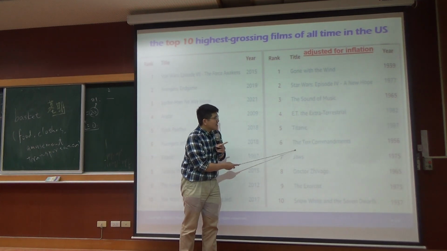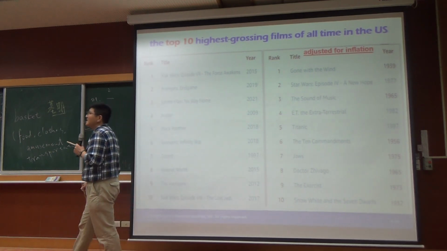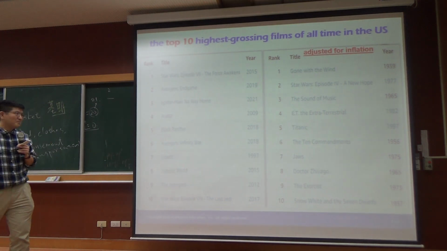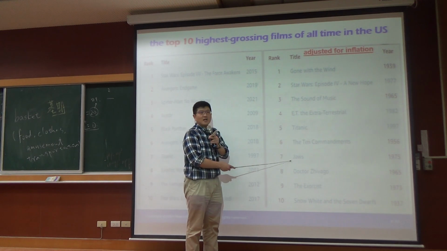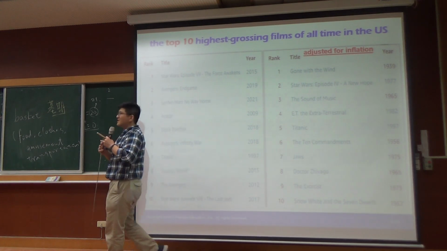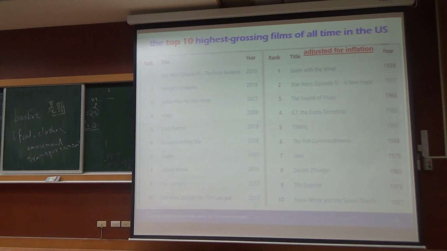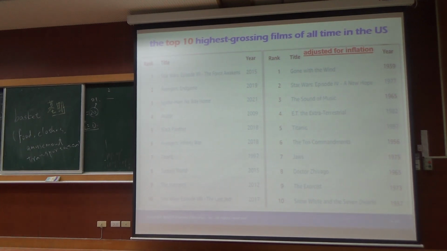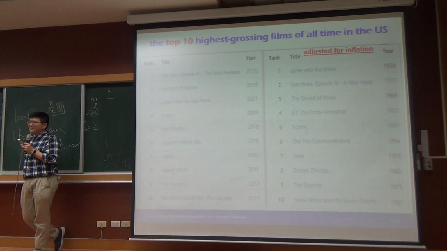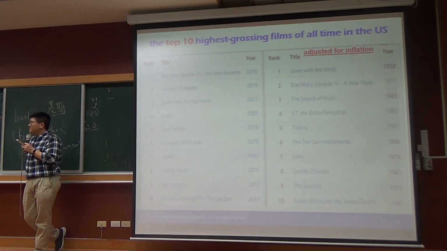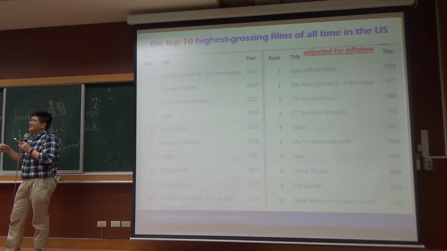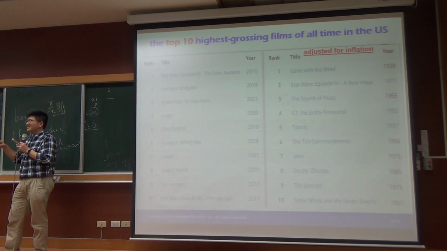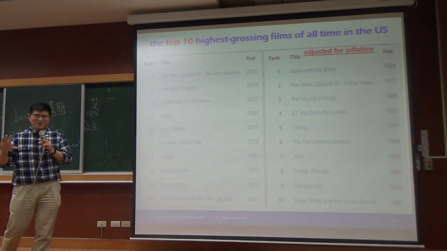The Ten Commandments, 十诫, in 1956. Jaws. How do you know that? Jaws, 大白鲨. And the music was so impressive because there are only 2 tones. Dun, dun, dun. So the shark comes.